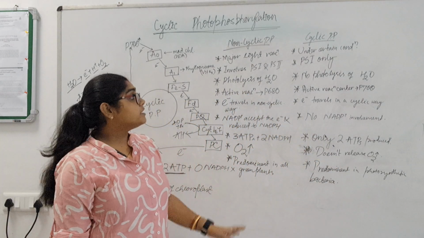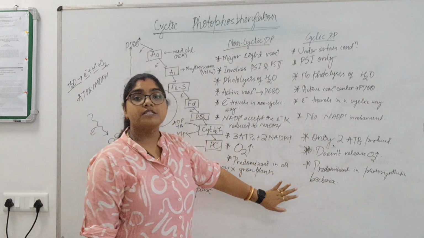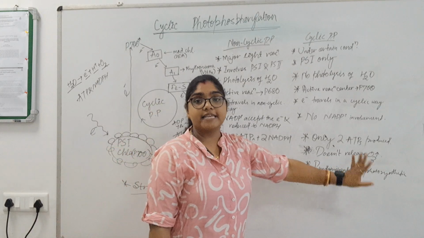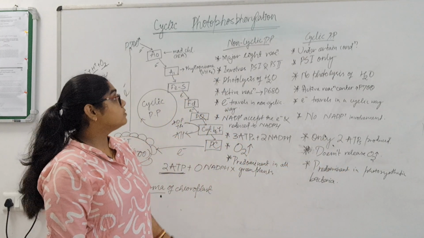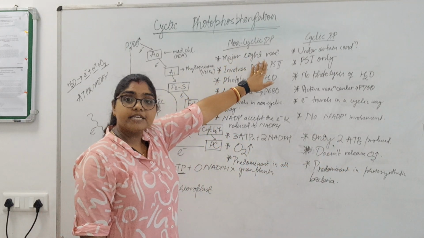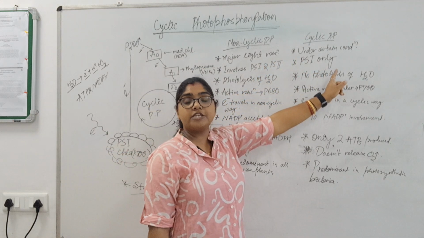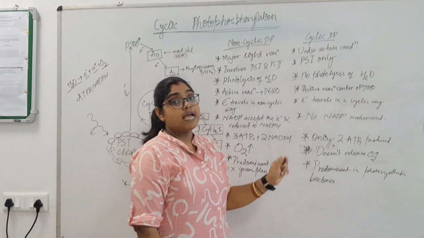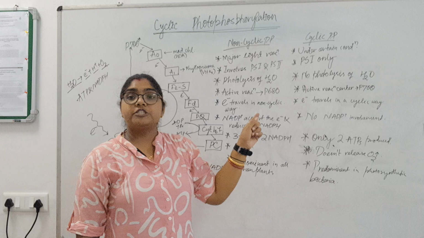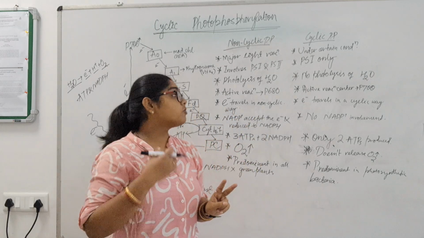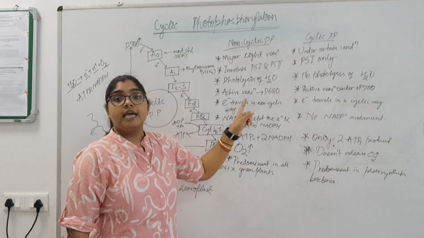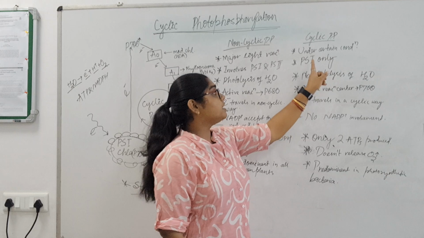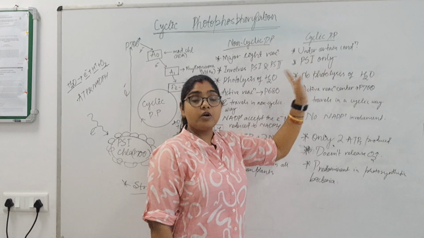So these are the differences between non-cyclic and cyclic photophosphorylation. Non-cyclic is the major light reaction, whereas cyclic photophosphorylation takes place under certain conditions. In non-cyclic, both photosystems, photosystem 2 and photosystem 1, are involved; in cyclic, only photosystem 1 is involved.